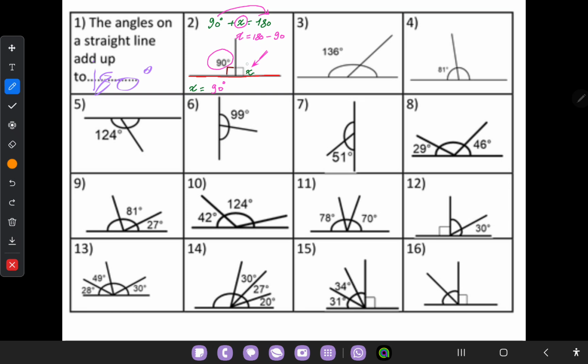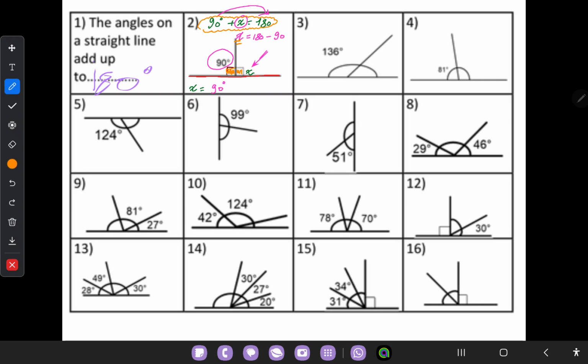Because the sum of these two angles, angle 90 and angle x, adds up to 180. So if I want to get the angle x, we deal now with an equation, 90 plus x equals 180. If I want to keep x on one side and move 90 to the other side, it will be moved with a negative sign.